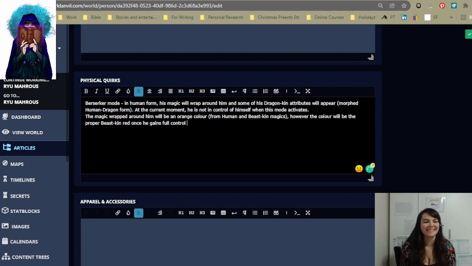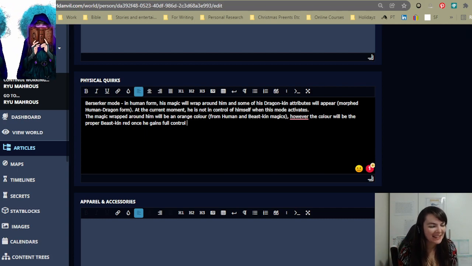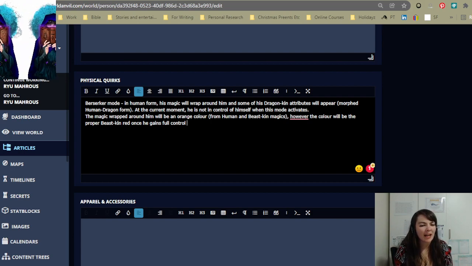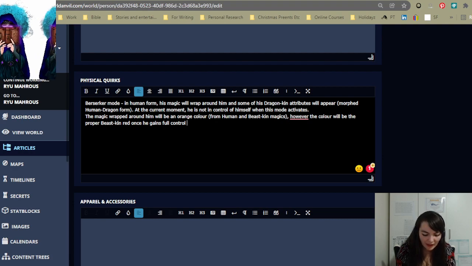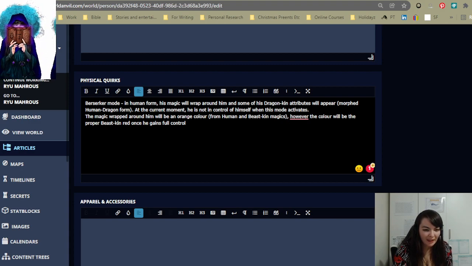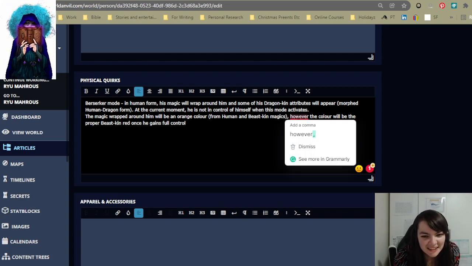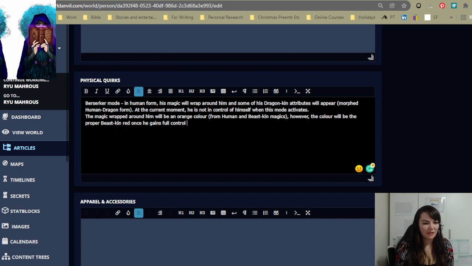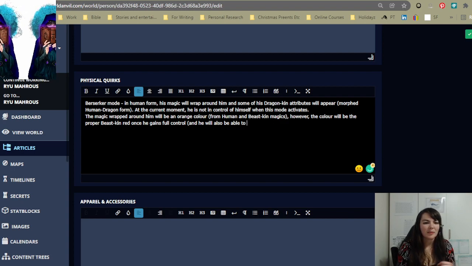I'm talking about why it's orange right now. This is literally me world building in my head. Why is it orange? The fact that it's human yellow for now when he's out of control actually makes a lot of sense with some of the other stuff I've put in there. So it'll be pretty cool. Eventually when I write all of this into the story, it'll be great, once he gains full control.